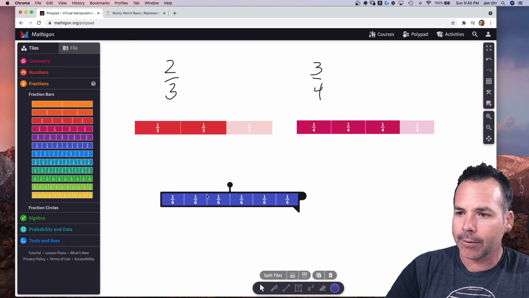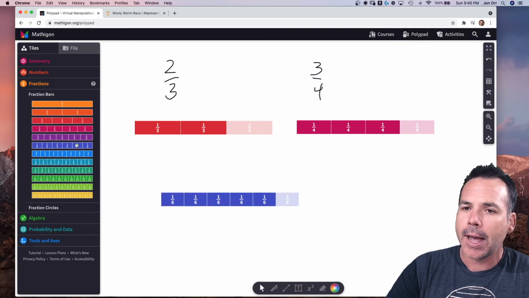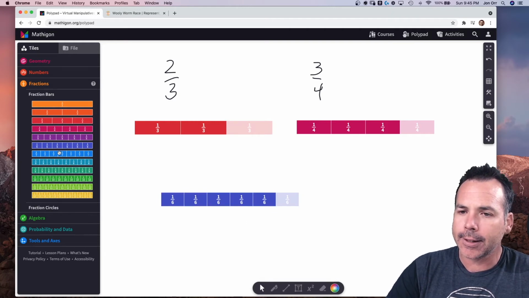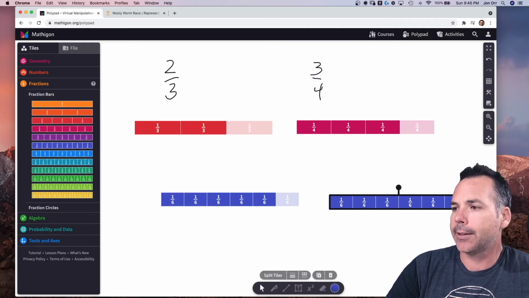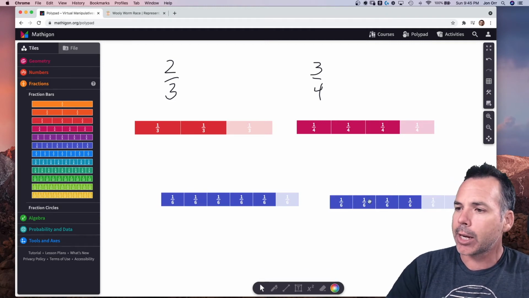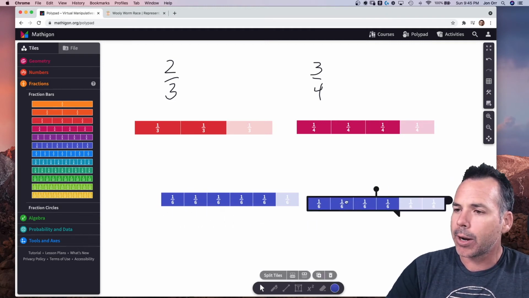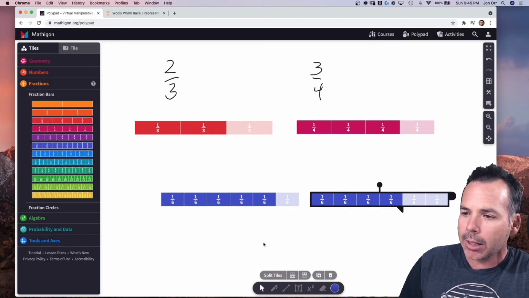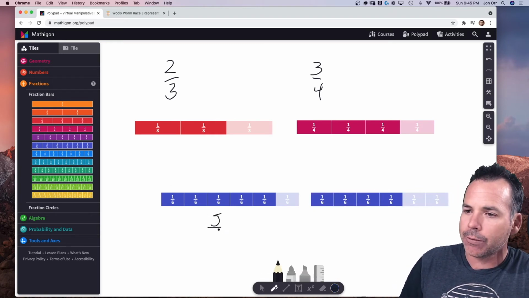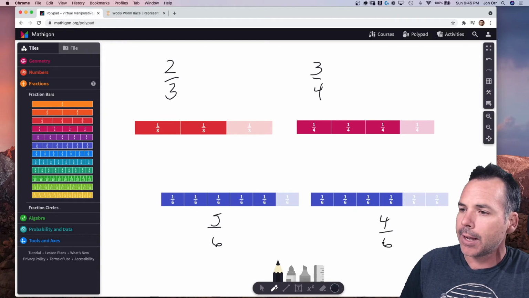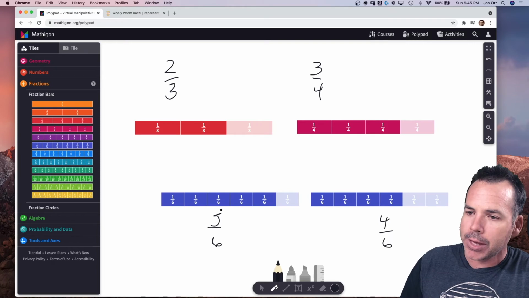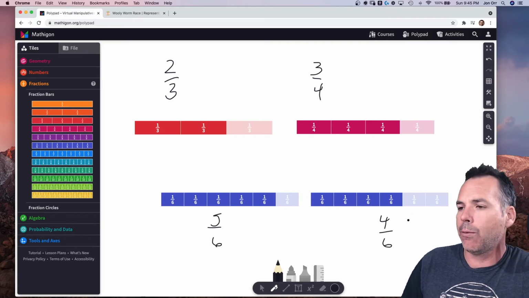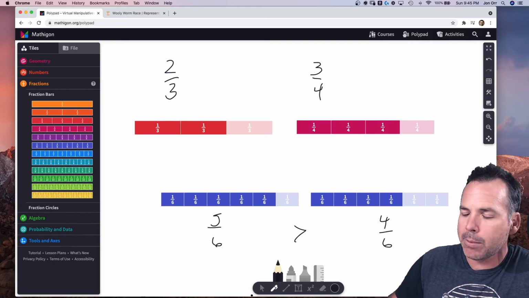If I look at 5/6 and I look at 4/6, it seems like a no-brainer that 5/6 is greater than 4/6, because when you look at the symbolic version of those fractions, they're both measuring the parts of 6, so this is 5 of those parts and this is 4 of those parts, therefore that's got to be more.